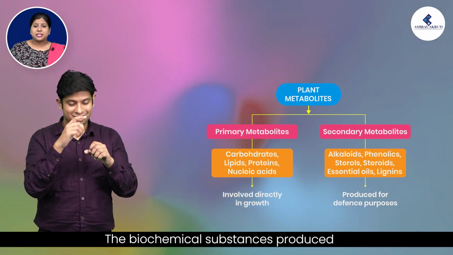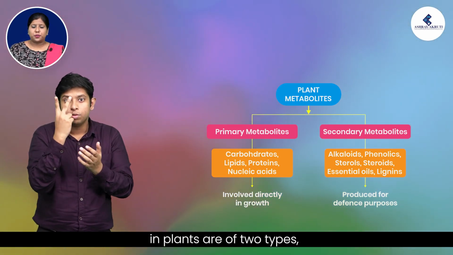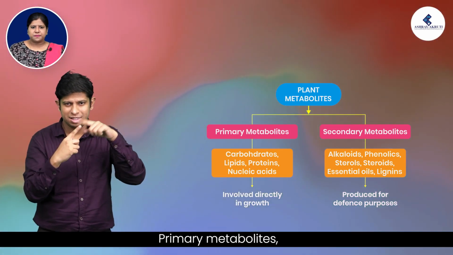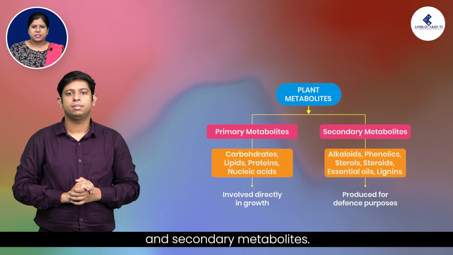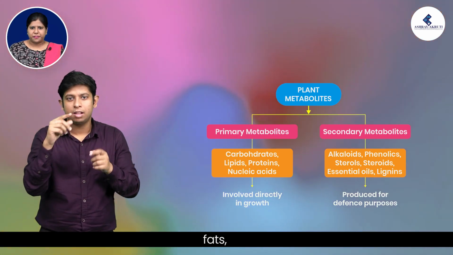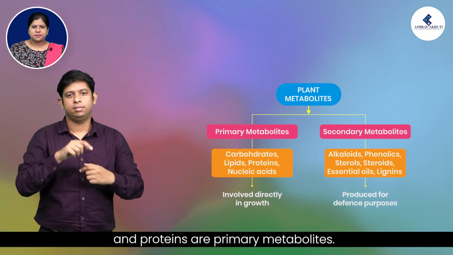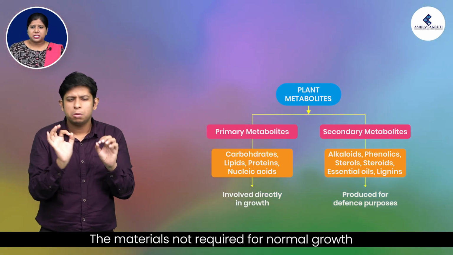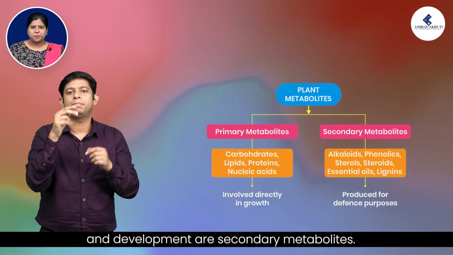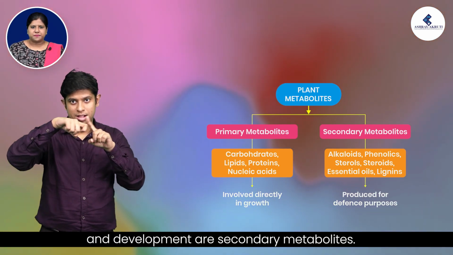The biochemical substances produced in plants are of two types: primary metabolites and secondary metabolites. Materials like carbohydrates, fats, and proteins are primary metabolites. The materials that are not required for normal growth and development are secondary metabolites.